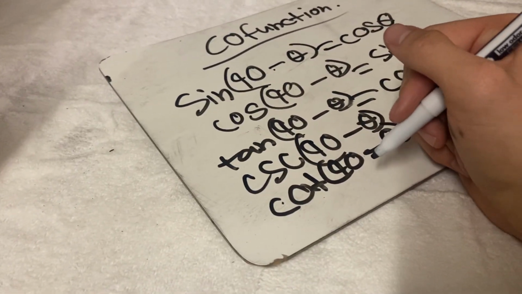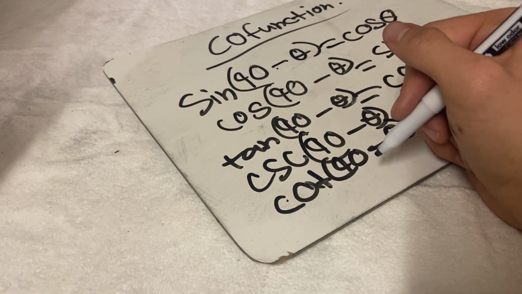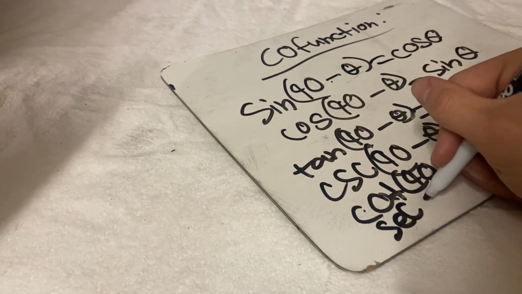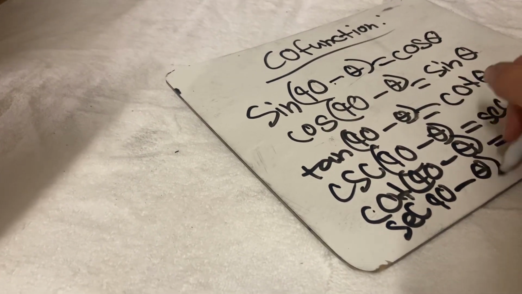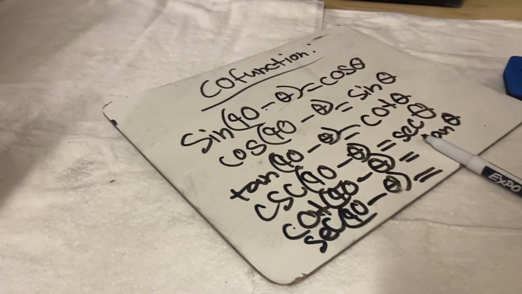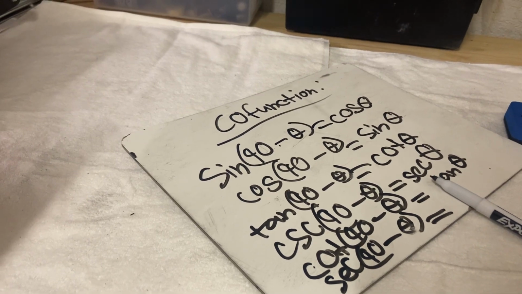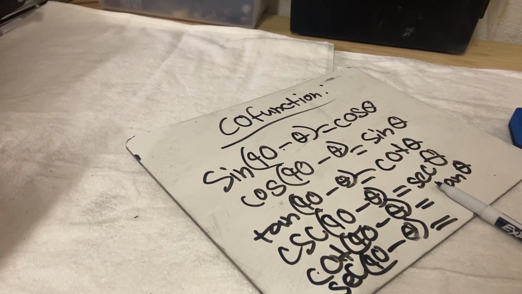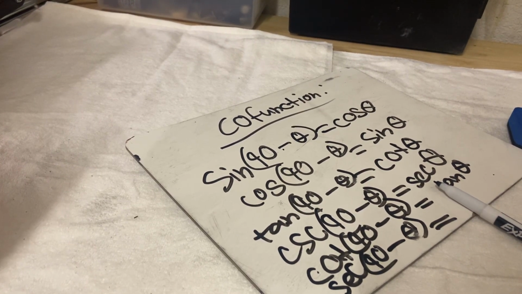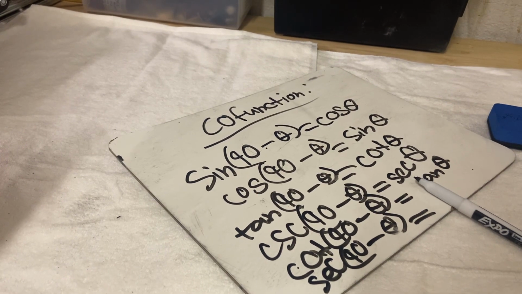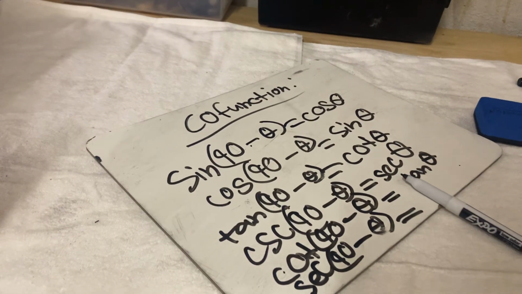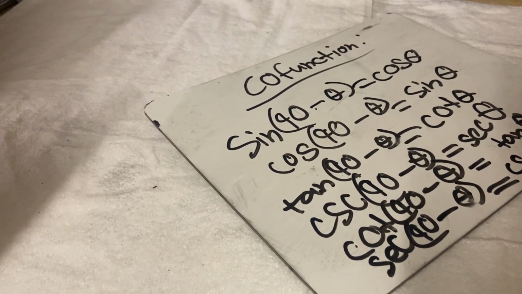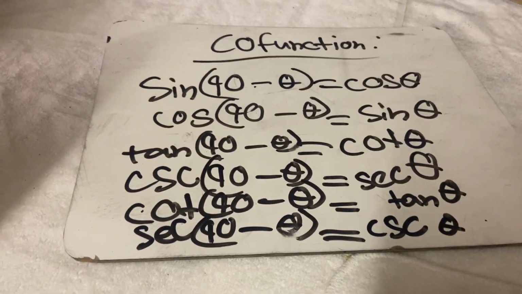And finally, secant of 90 minus theta would equal cosecant theta.